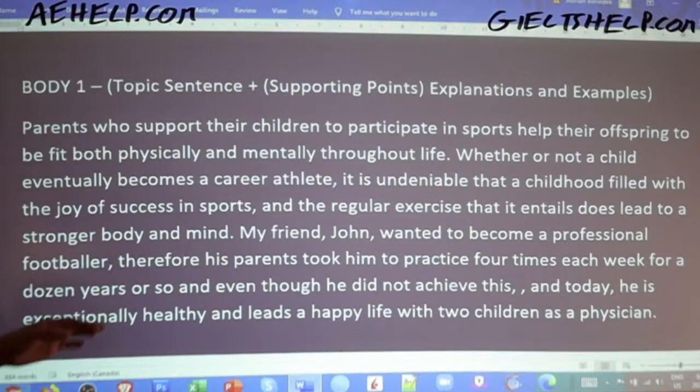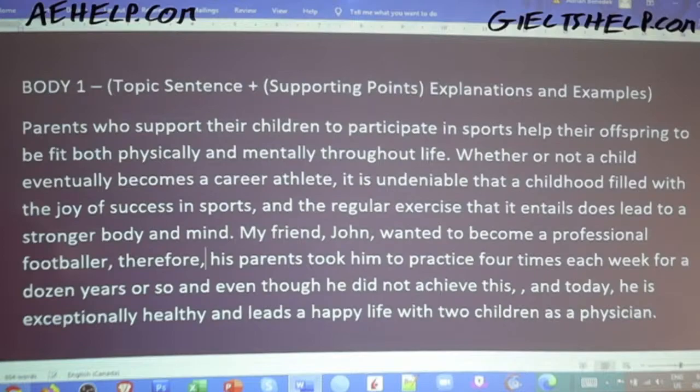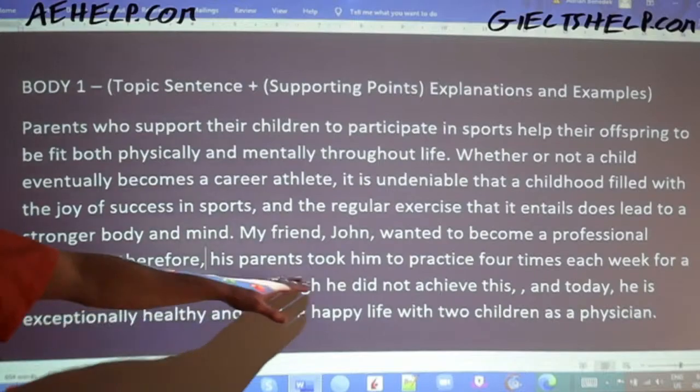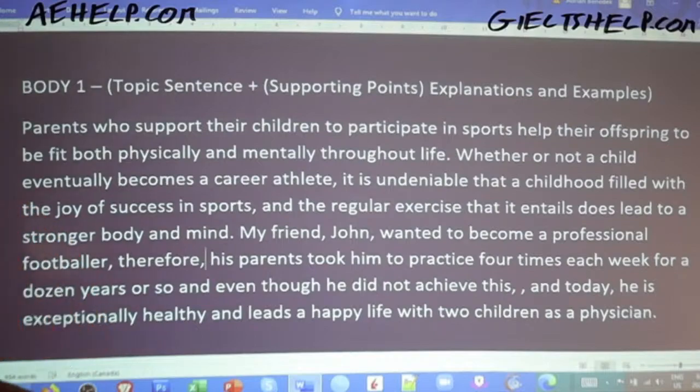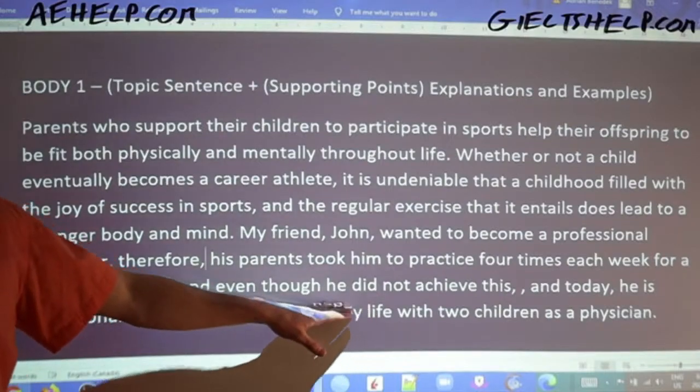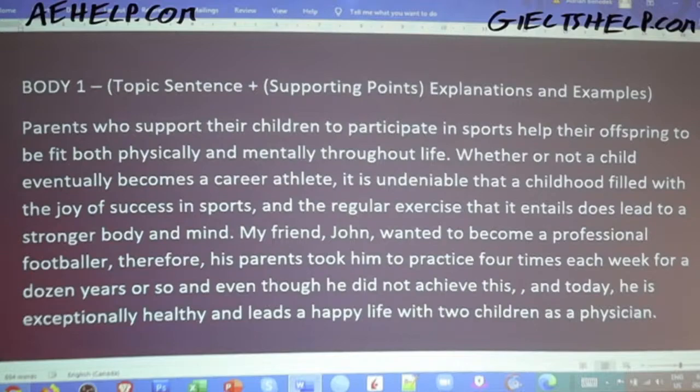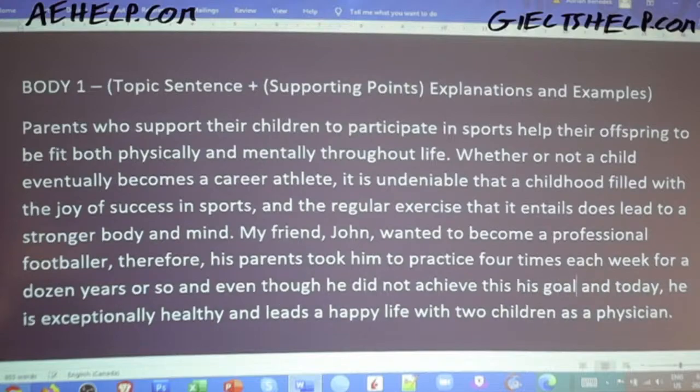So my friend John wanted to become a professional footballer, therefore his parents took him to practice 4 times each week for a dozen years or so, and even though he did not achieve his goal, no pun intended, right? Goal, football.